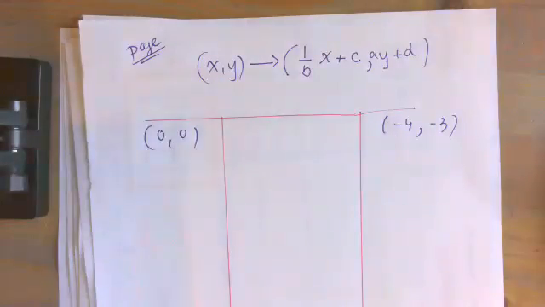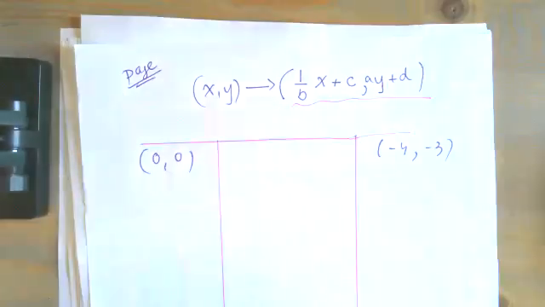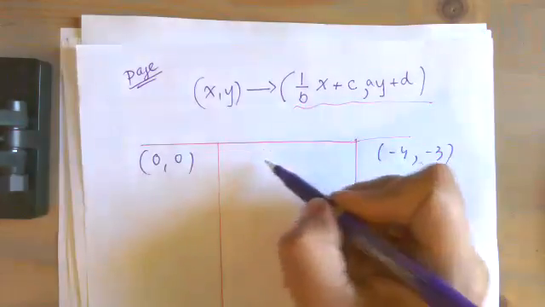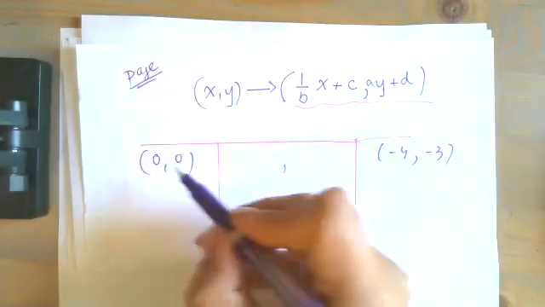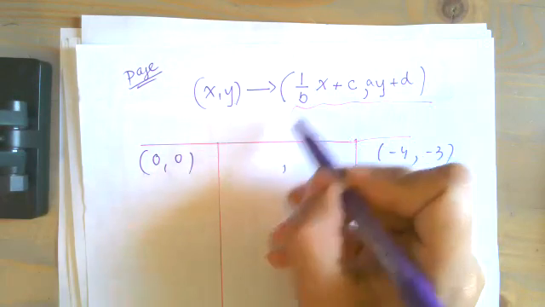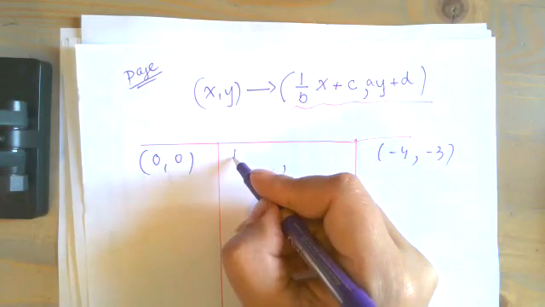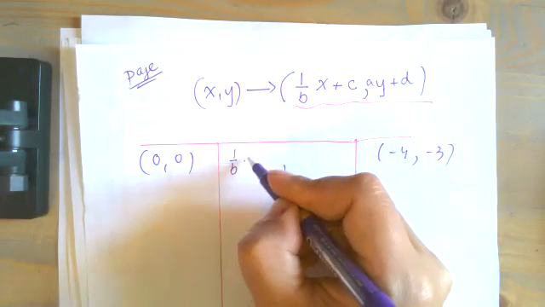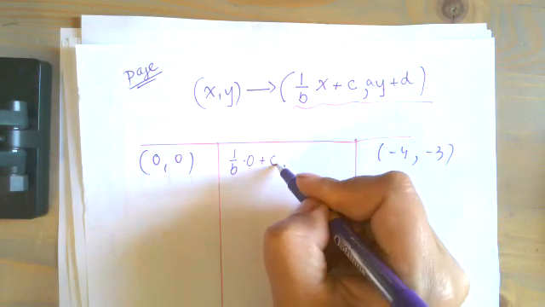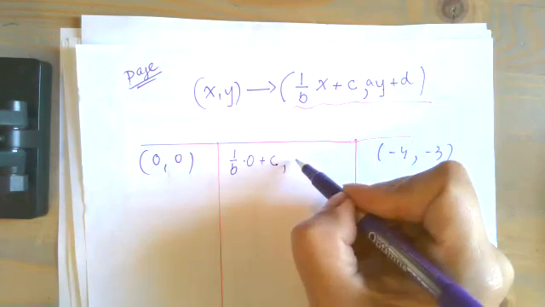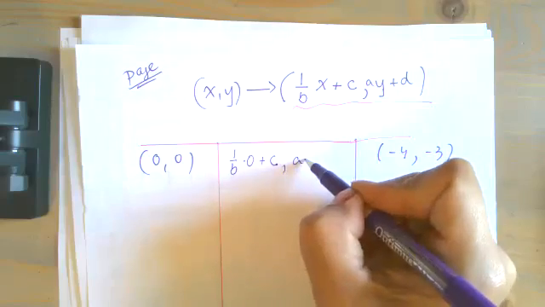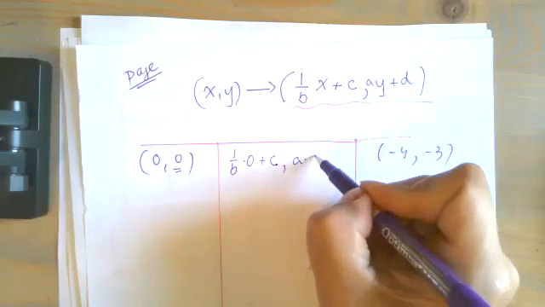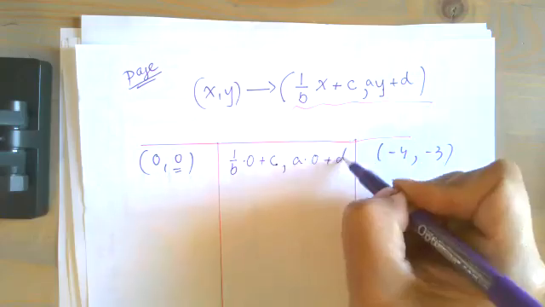Yes, right? Okay. Now, using this equation, let's write a formula, if you want, by plugging in the 0 in the equation. So I would have 1 over b times 0 plus c. And for the other one, I would have a times the y from here, 0 plus d.